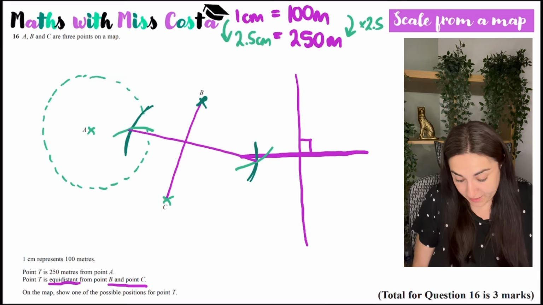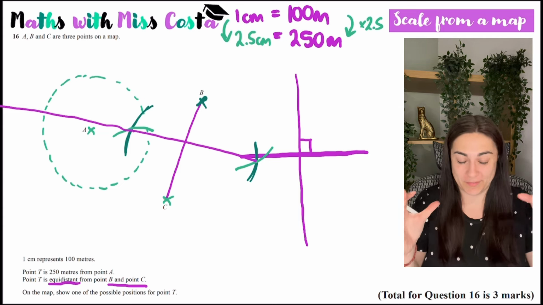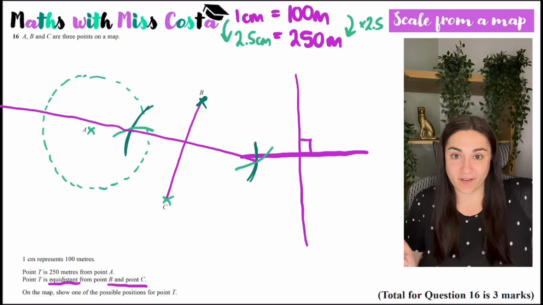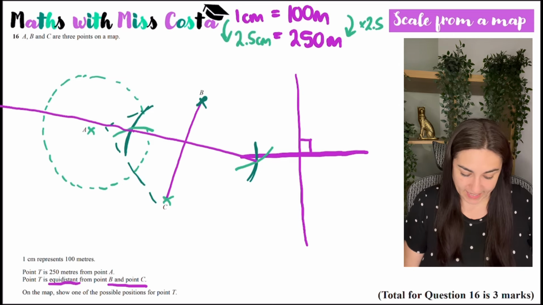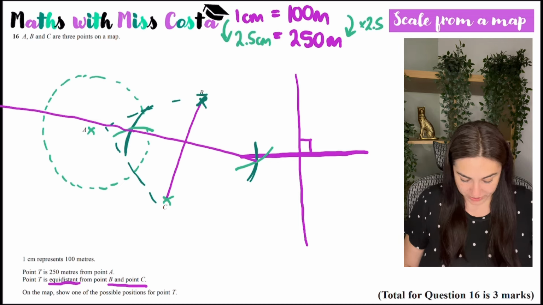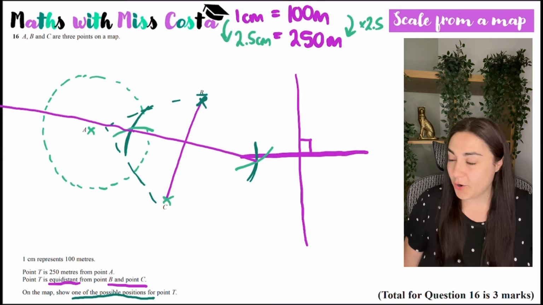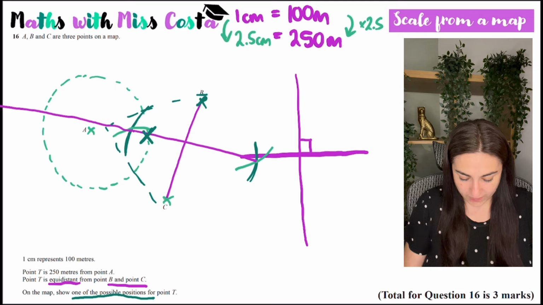And I could carry that on. It doesn't look very straight because I don't have a ruler, but on your piece of paper you will. So that is the perpendicular bisector, which means this line is equidistant. It's the same distance from C as it is from B. So on the map, I need to show one of the possible positions for point T. So one of the positions would be over here.